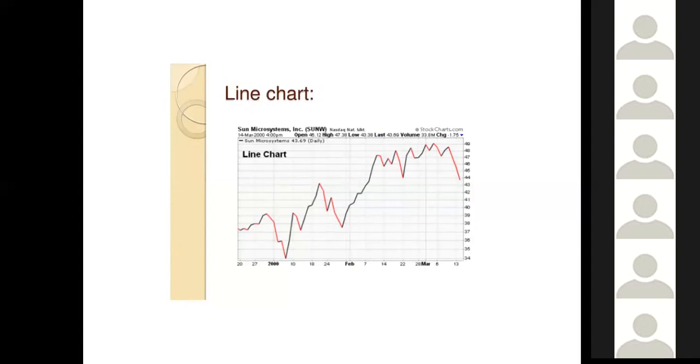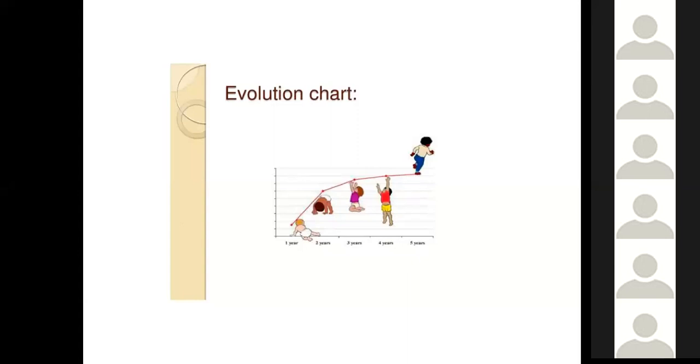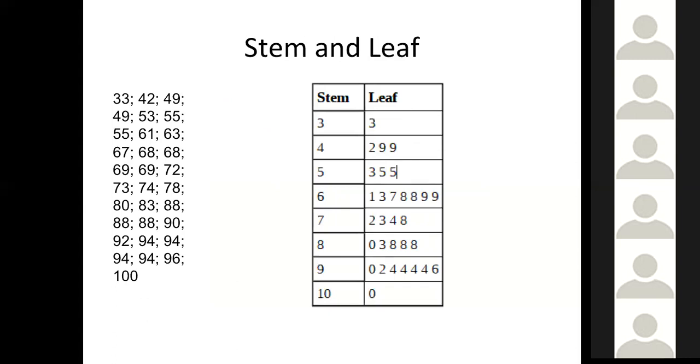They use this line chart to show the movement of the stock during the day. Flow charts, this evolution chart, you can use any type of chart that may look more interesting. Tree chart. Okay, so this is the first part of our presentation today.